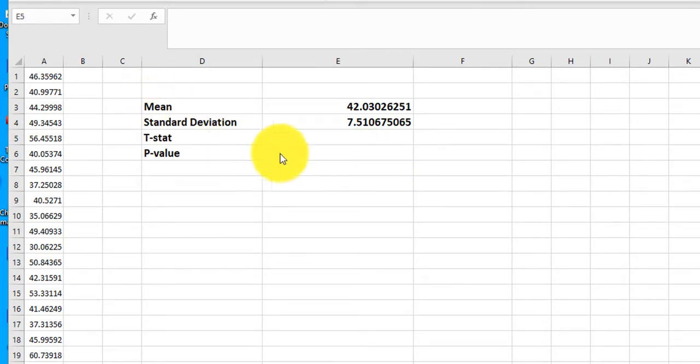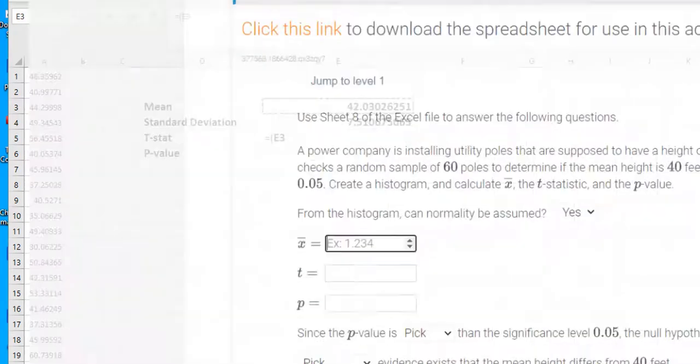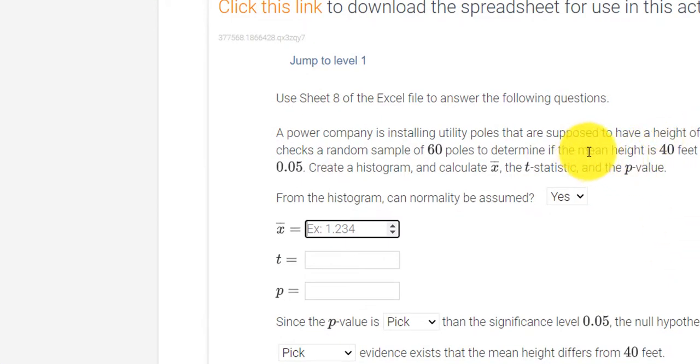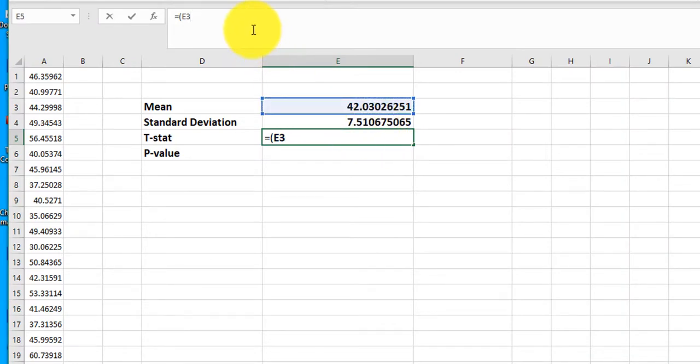Next, we need the T-stat, or the test statistic. So we type in equals, and now it's going to be x bar, that's x with the line over it, minus mu. In this case, our mean was 40, right? 60 poles, n is 60. The mean height is 40. So minus 40.